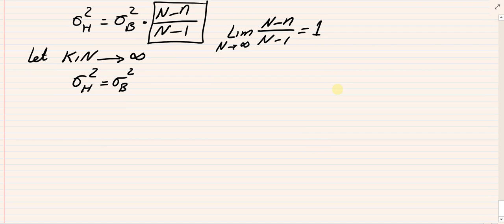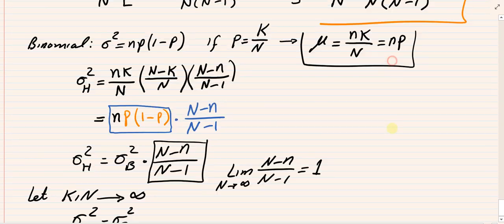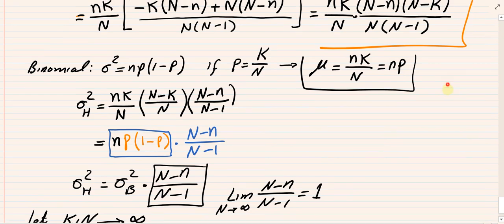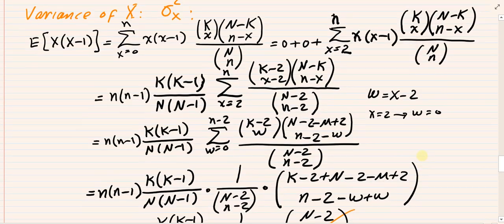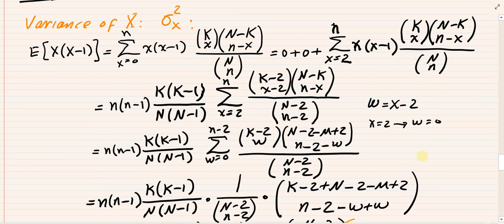This is the justification for that, because the hypergeometric does approach binomial. Okay, and that means replacement or without replacement makes no difference when population is large, and of course the ratio of little n to capital N must be greater than 5%.